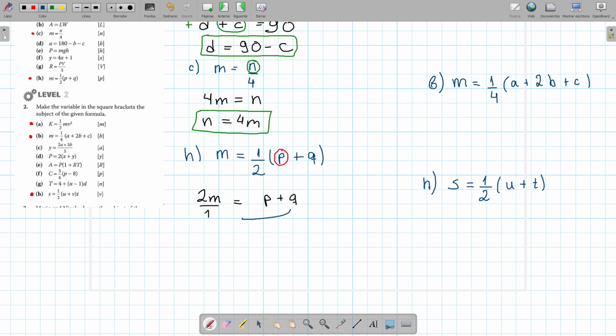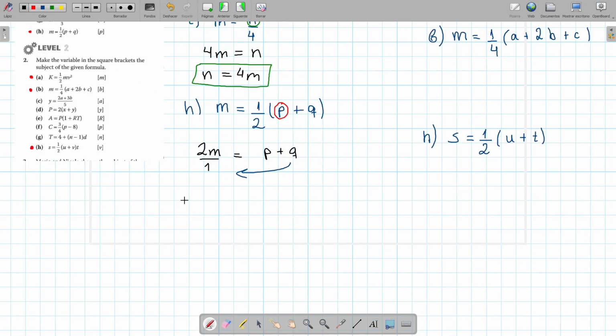So q will go with the other operation. So we have 2 times m minus q equals p. I have the same property, I can change the places. And we are done. We already solved for p.